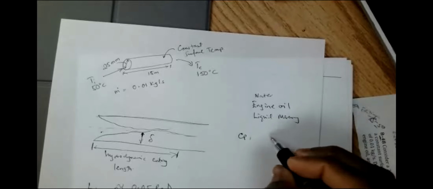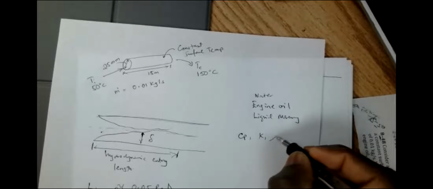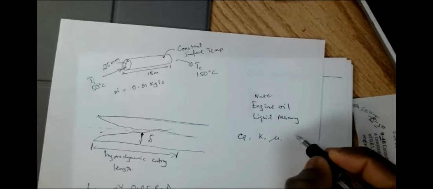So the first, we need to find specific heats. We need to find the thermal conductivities. We need to find dynamic viscosities, and we also have to find Prandtl numbers for these different fluids because we're going to be using them in our solution. Just tabulate them so we can easily pick them out.